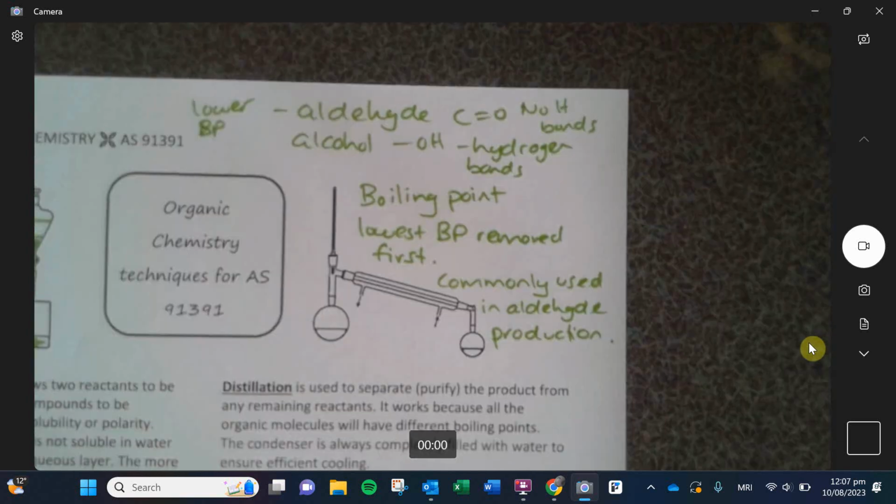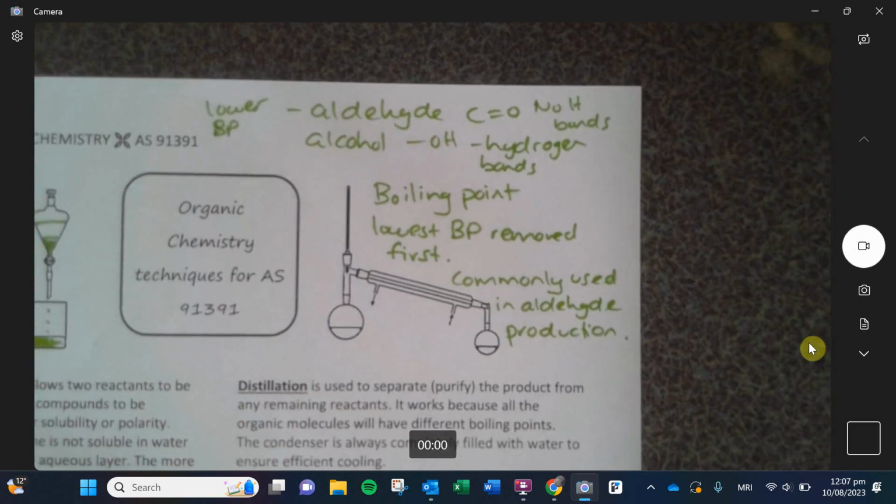I'm trying to figure out what the easiest way to see that is. Sorry, I will scan these notes. Do you want me to change the color of my pen? Would that help? Yeah. You think it's just the sun?